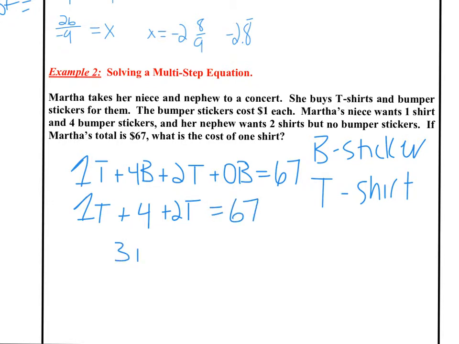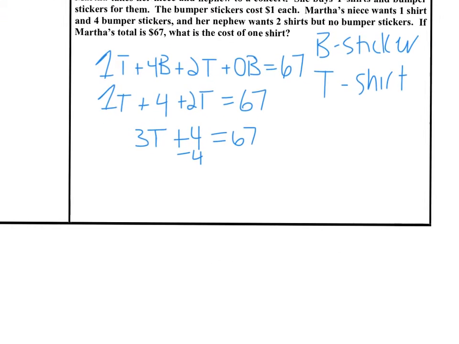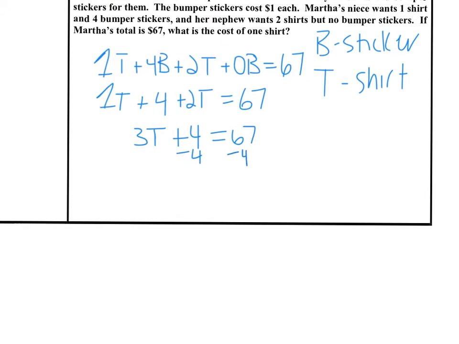So 3 t-shirts to combine like terms, and plus $4 is $67. So now I'm ready to do my undoing operation, so I'll subtract 4 from both sides. 3 t-shirts is $63, and I'll divide by 3 to get rid of the 3 on both sides. So 1 t-shirt is $21.